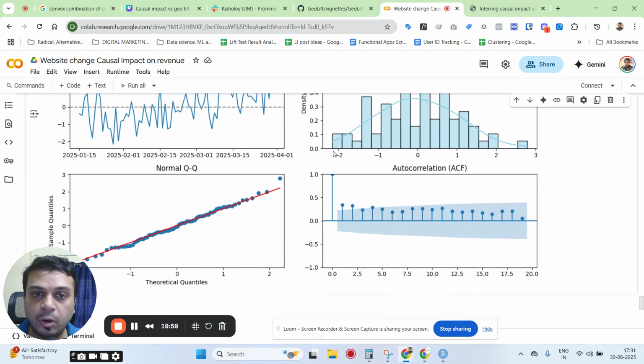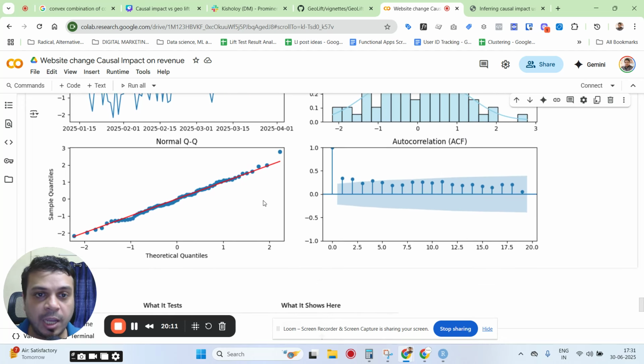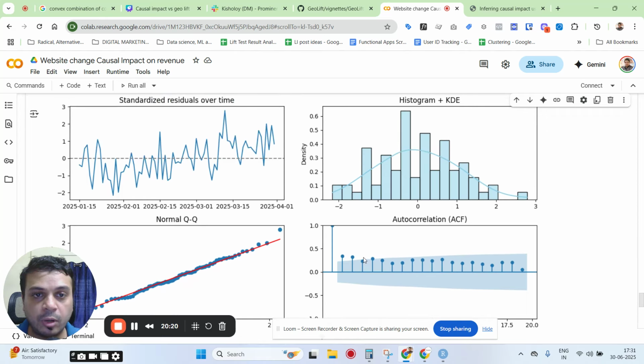The normal QQ plot is also saying the same thing. If all the points lie on the theoretical quantiles line in the normal QQ plot, that means the residual distribution is normal. And whether or not there's any autocorrelation or autoregression is given by the ACF plot, which is also called a correlogram.